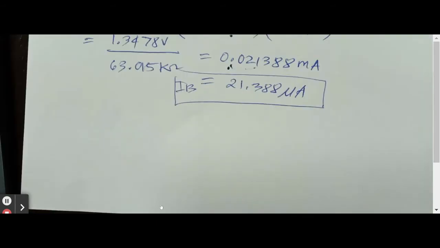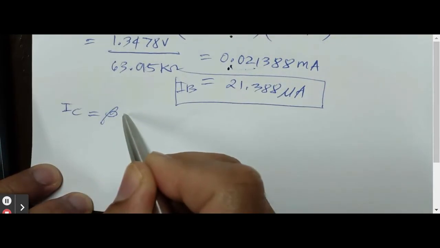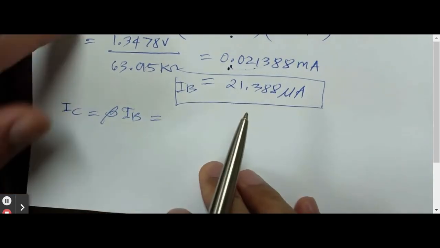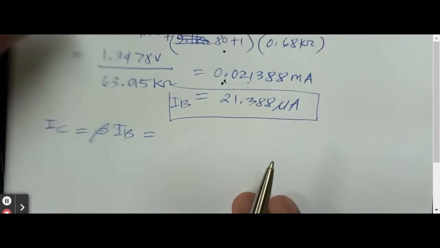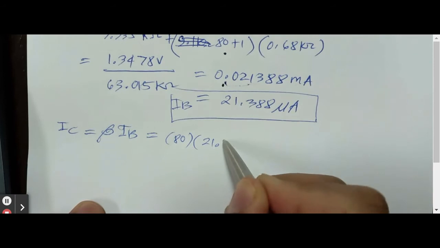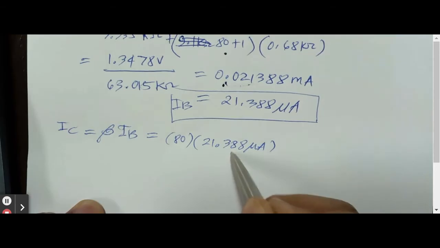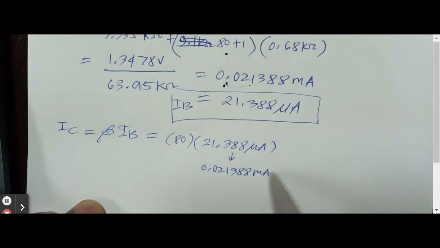That's it. Now that we have calculated for IB, we will now be doing the next one, which is the calculation of IC. So to calculate IC, we multiply beta to our IB. And again, in the given question, our beta is equal to 80. So what we do is we multiply 80 by the IB that we calculated before, which is 21.388 microamperes, or this is 0.021388 milliamperes.